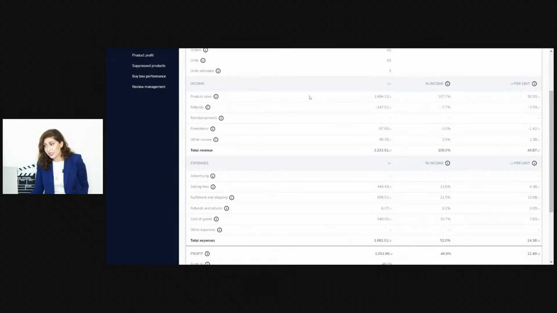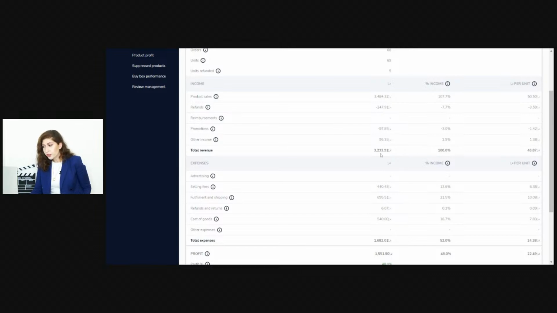This is where it becomes a little bit interesting, and like I told you, you need to allocate a certain percentage for each and every fee or expense that you have, or even income that you have. So right here, you can see product sales, we generated 3,484. The refunds are obviously in minus. The promotions are also in minus, and any other income that came in.